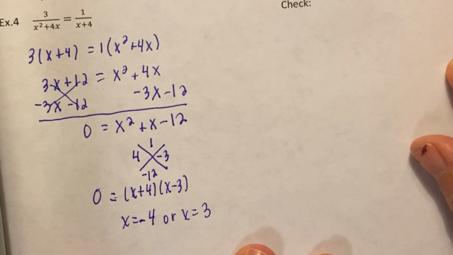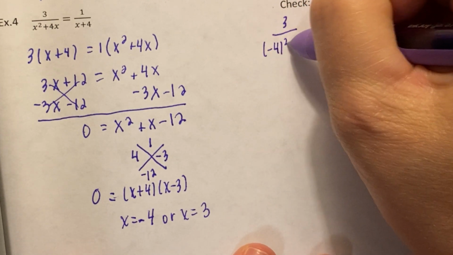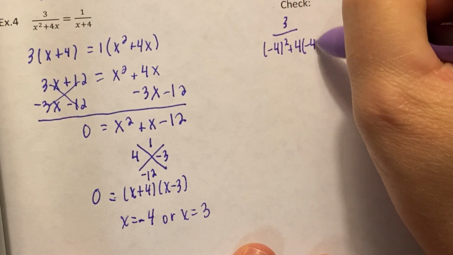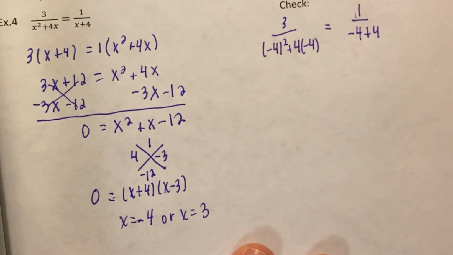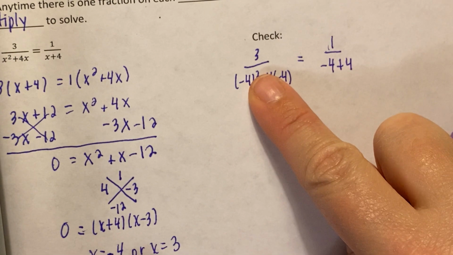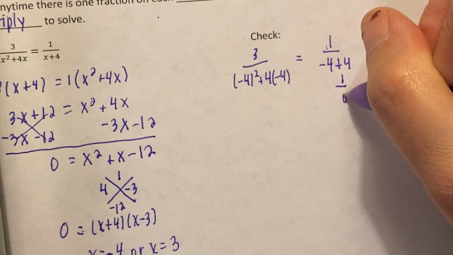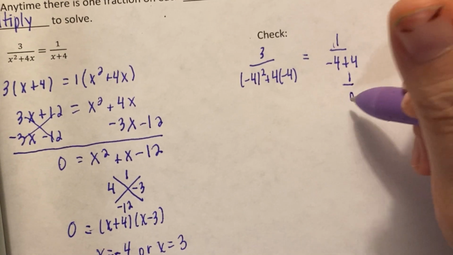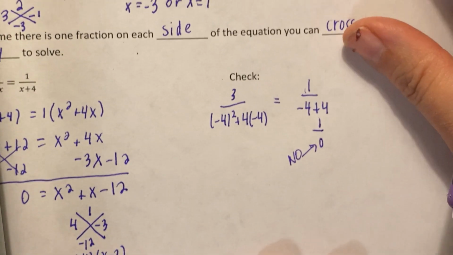So I'm going to check the negative 4 first. 3 over negative 4 squared plus 4 times negative 4. Does that equal 1 over negative 4 plus 4? So I'm not even going to start working out this left side, because right here I see negative 4 plus 4. I see 1 over 0, which we cannot have. So that's out. That negative 4 doesn't work.